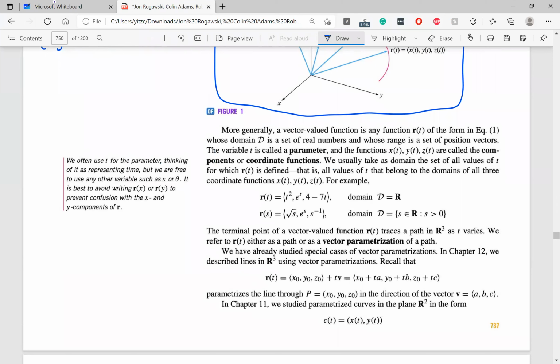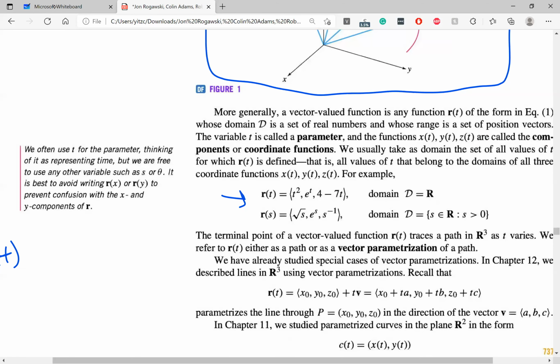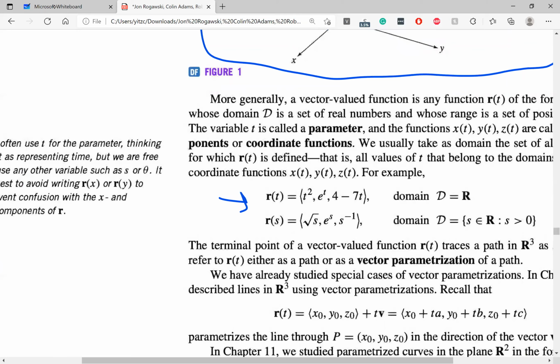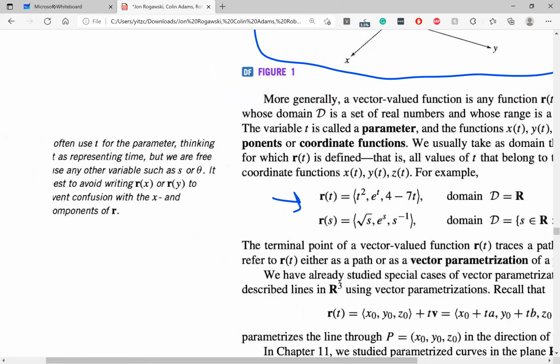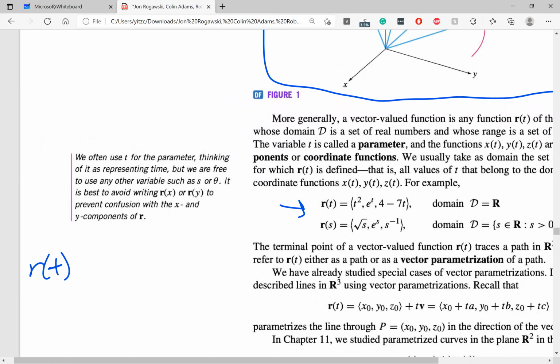So what are examples? In general, we will see that the goal will not necessarily be to graph this r of t, though in some cases we will want to graph it.